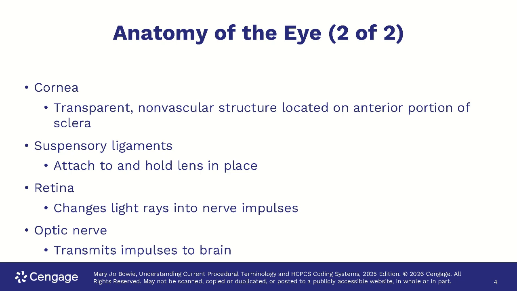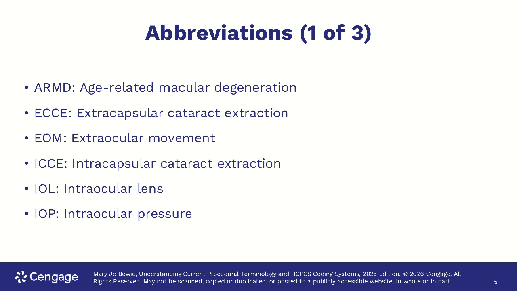The nerve cell layer of the eye is the retina, which changes light rays into nerve impulses. Impulses are transmitted to the brain by the optic nerve. And on the optic nerve is a blind spot known as the optic disc, which is the point of entry for the artery that supplies blood to the retina.